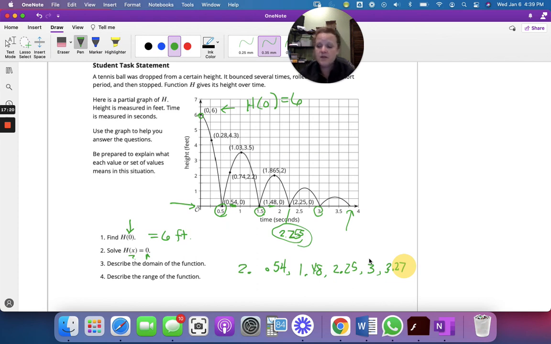Describe the domain of the function. Domain is my inputs. Okay, it's the time in seconds. How would I describe that?